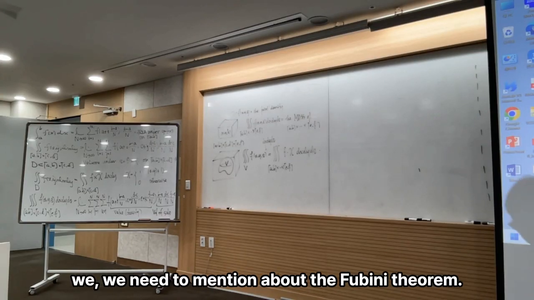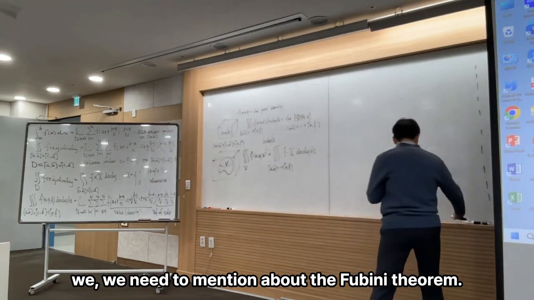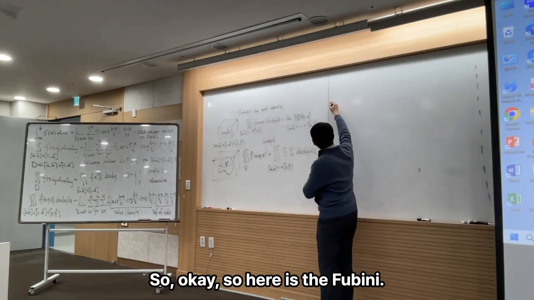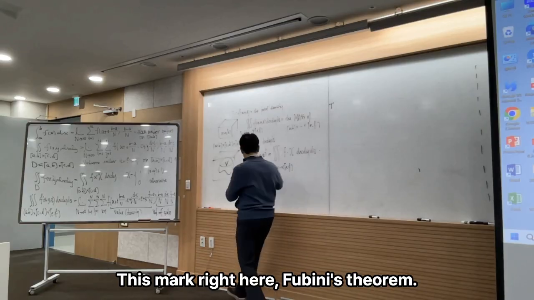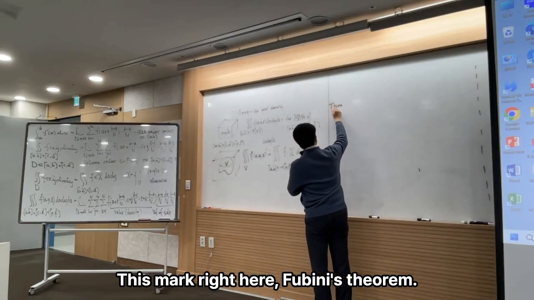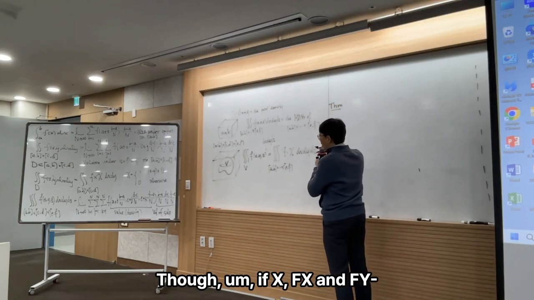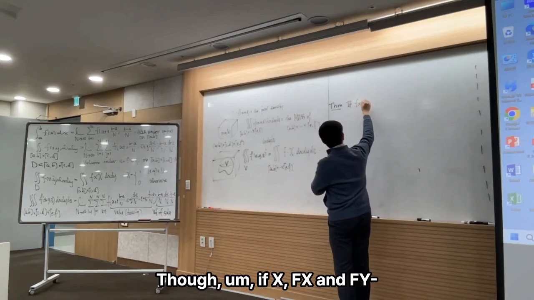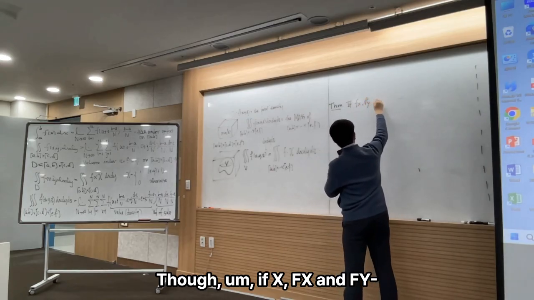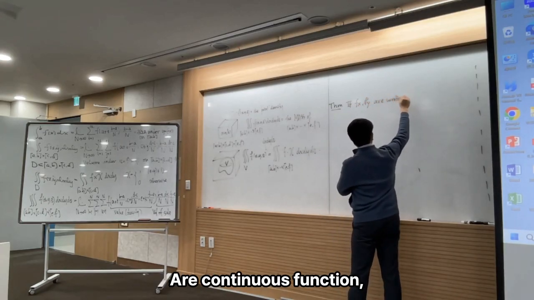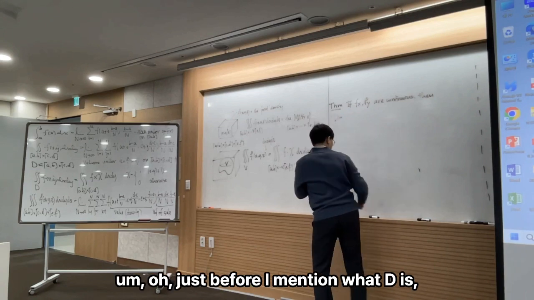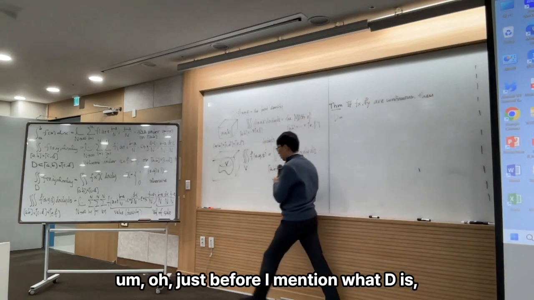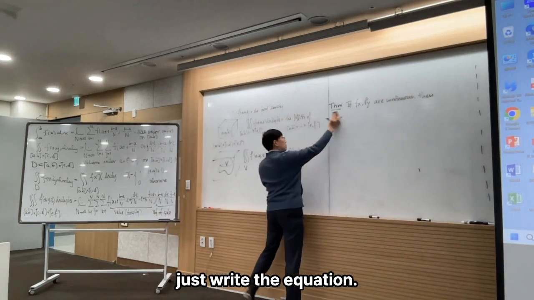So we need to mention the Fubini theorem. So okay, so here is the Fubini theorem. If f(x) and f(y) are continuous functions, then the following follows. So just before I mention what the domain is, let me just write the equation.